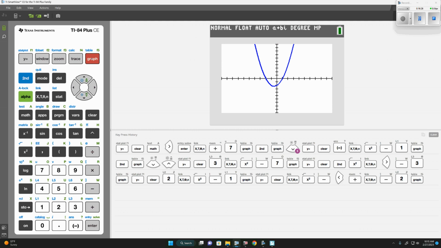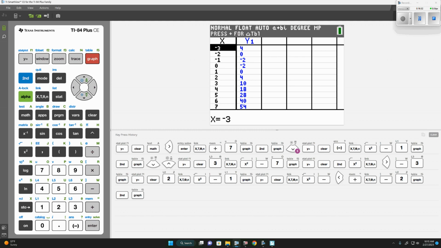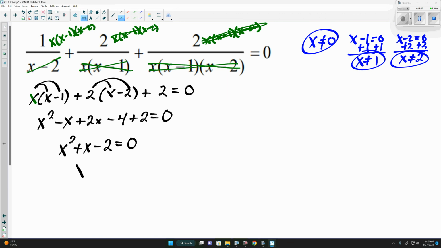Because again, when we graph it, we're trying to see where it crosses the x-axis. And we can go second graph to look at the table. What two values of x give us a y value of 0? Negative 2 and 1. So what that tells us is that x is equal to negative 2 and x is equal to 1. So these here are our two solutions.